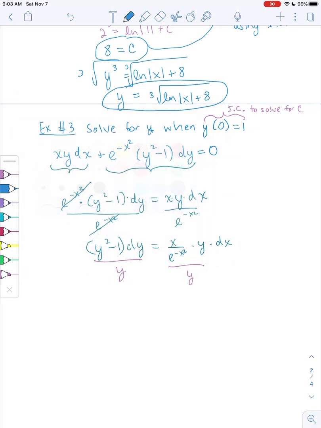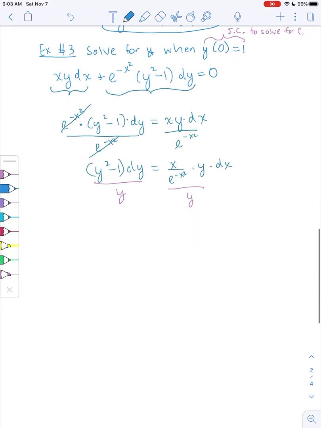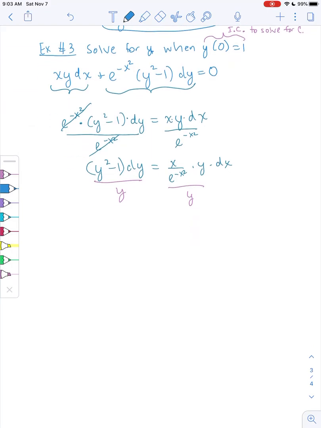That means I can divide both sides by y, which is going to get us where we want, which is to get y on one side. So we currently have y squared minus 1 over y dy, and on the right the y's canceled out. I'm going to fix that so that it says x times e to the x squared.